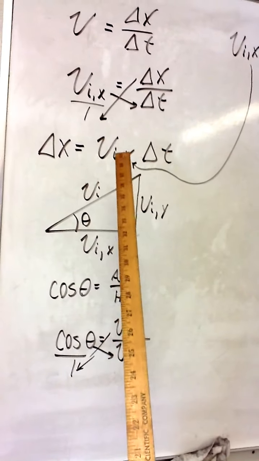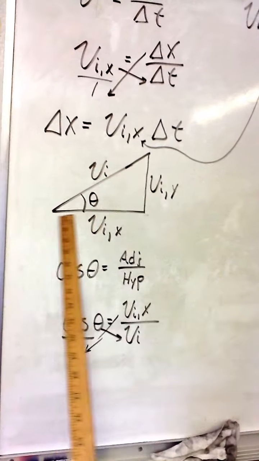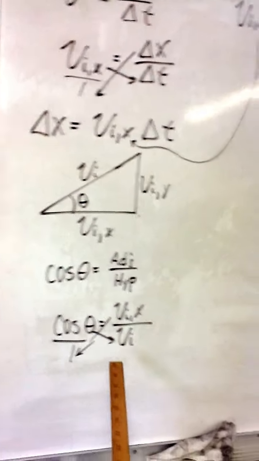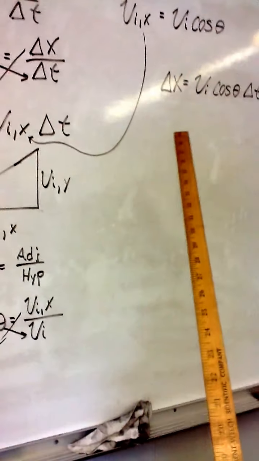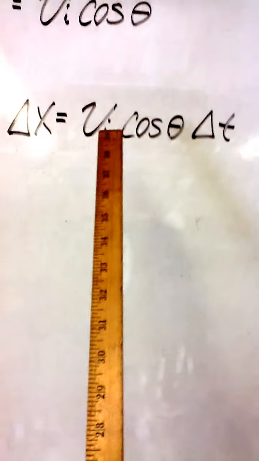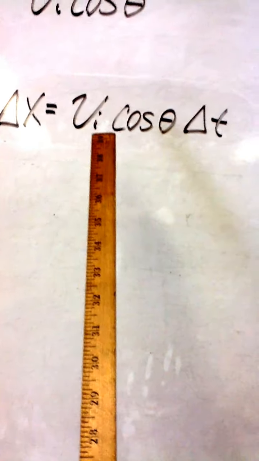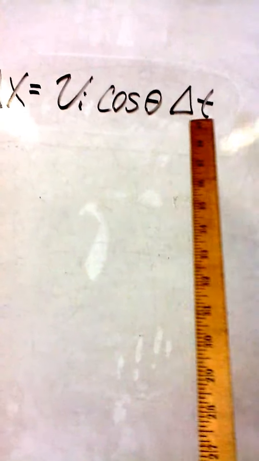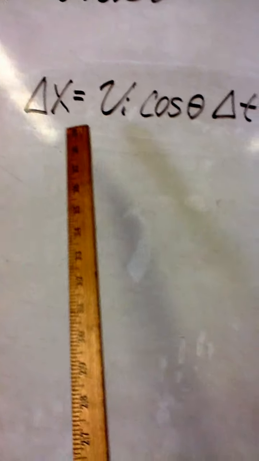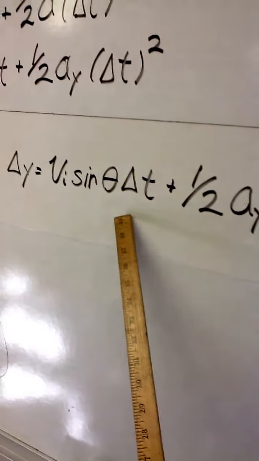So we can solve for the initial speed in the x by, again, setting up that triangle we saw earlier, using the cosine function, adjacent over hypotenuse, plugging in. We get this, which can be plugged in, and then when we plug this in, we get our delta x equals initial speed, which we have from the problem, cosine theta, which we know, times time, and then we can also solve for time now since our x displacement was given in the problem. So we plug this into this, and you'd be good to go.